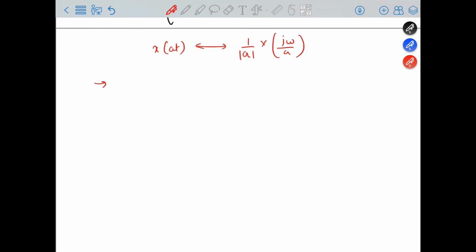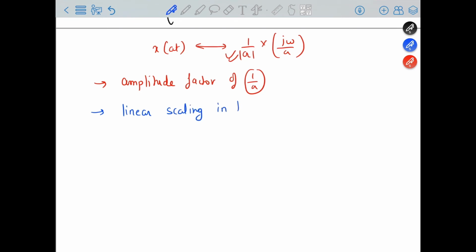First, we get an amplitude factor of 1 by mod a. Second, linear scaling in time by a is equivalent to linear scaling in the frequency domain by a factor of 1 by a.